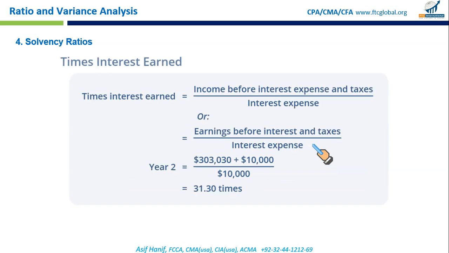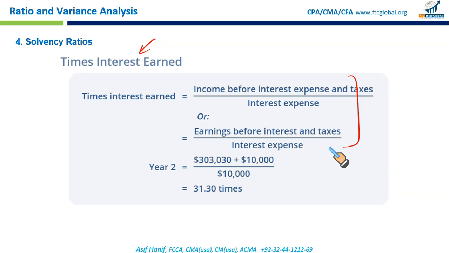Next we have times interest earned. It is also called the interest coverage ratio. It is calculated as income before interest expense and taxes over interest expense, or earnings before interest and taxes upon interest expense. What is basically measured? This ratio shows how many times a company can cover its interest expense with the earnings that it has generated.